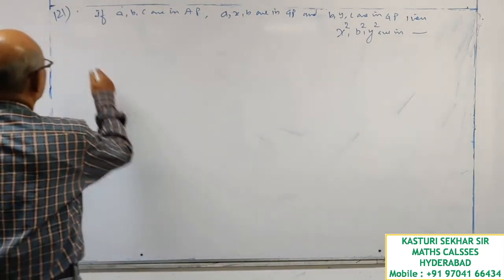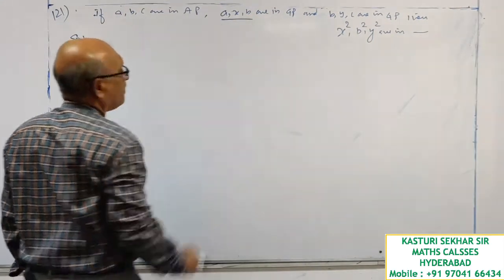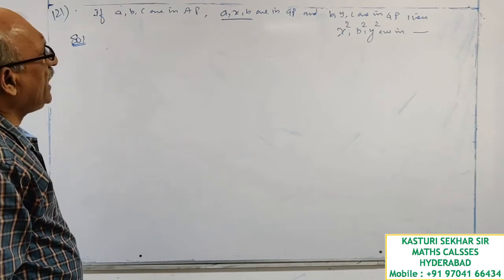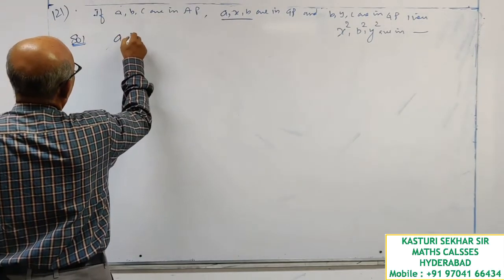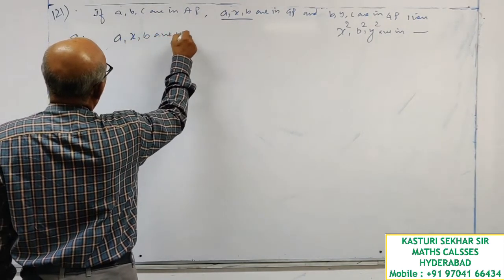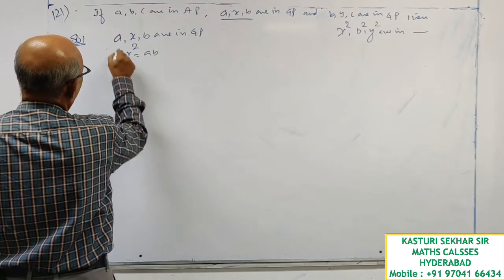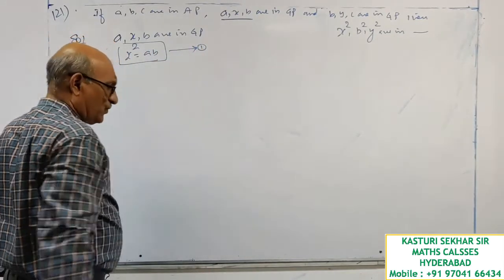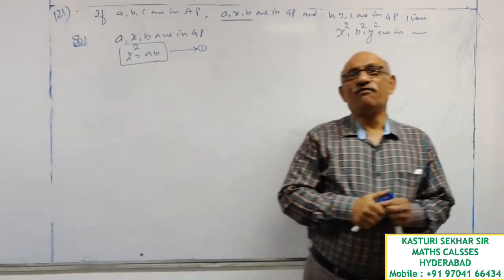Now look at this. a, x, b are in geometric progression, so the square of the middle term is equal to the product of first and last.